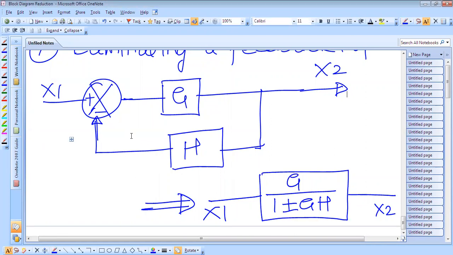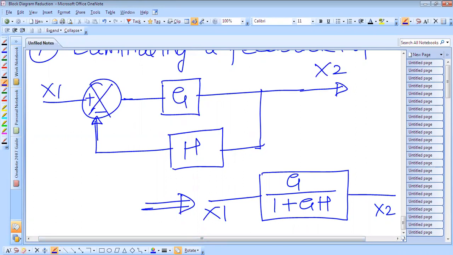In order to reduce the error in the systems, we always have negative feedback, and whenever there is negative feedback, the plus sign always appears here. So the input is x1, output is x2, G upon 1 plus GH.